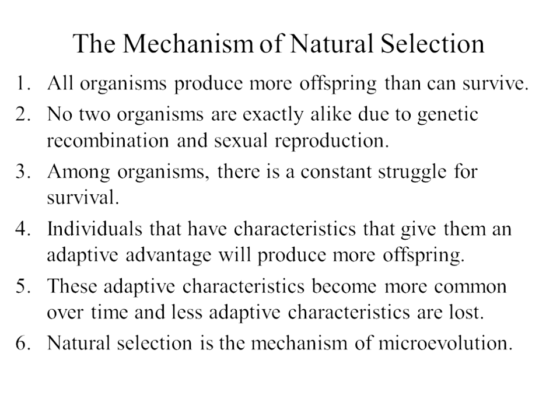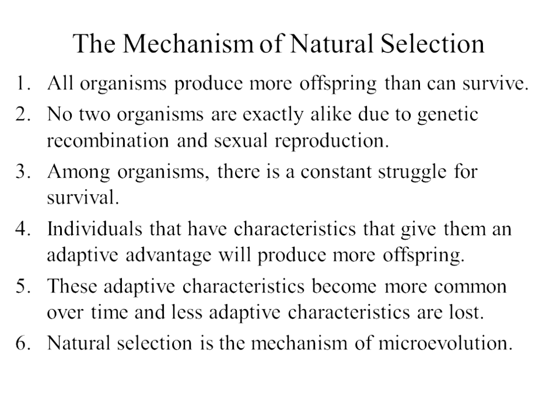Because of number one and number two, among organisms there's a constant struggle for survival, because all of us can produce more offspring than we actually need to replace ourselves. So in a community of multiple species, that sets up a struggle or a competition for resources. Because of this struggle, individuals that have characteristics that give them an adaptive advantage will produce more offspring.